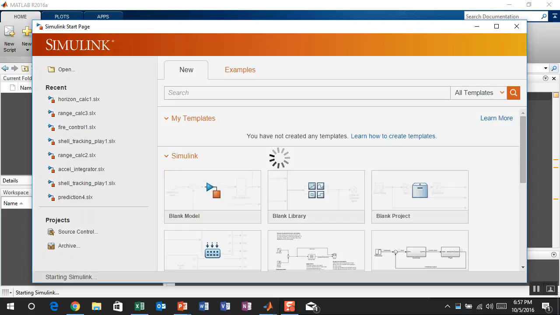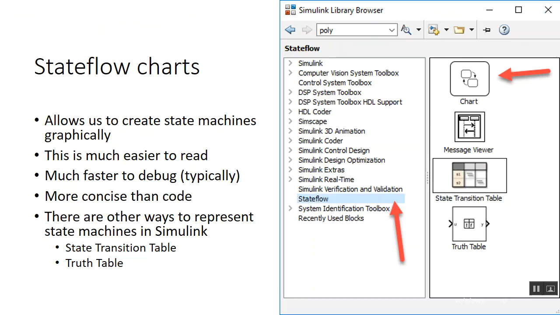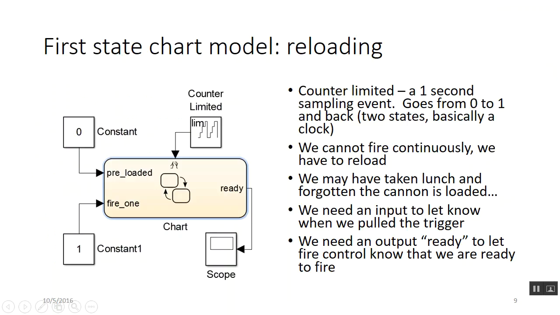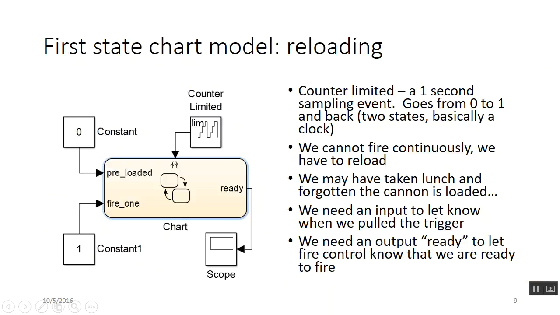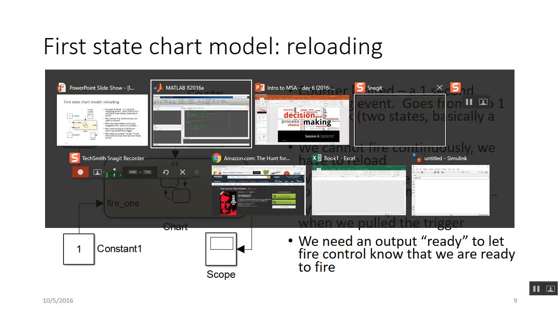So I'm going to go directly into sort of a sub-problem so we can talk about something instead of, before we get into all the details, the conceptual way it works. So we're going to talk about our reloading state machine, right? How does that work? So you have this chart here, and we'll show how we can, inside the chart, create a state machine, and then push inputs and outputs, all that kind of stuff. Alrighty, so there you are.